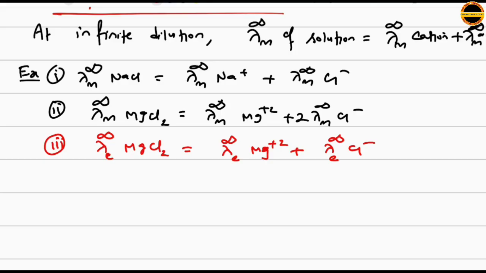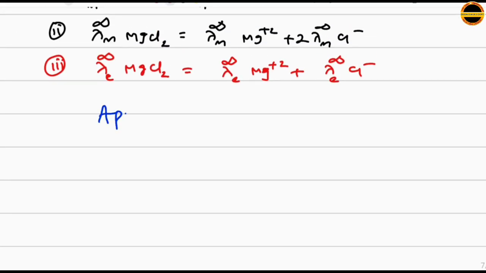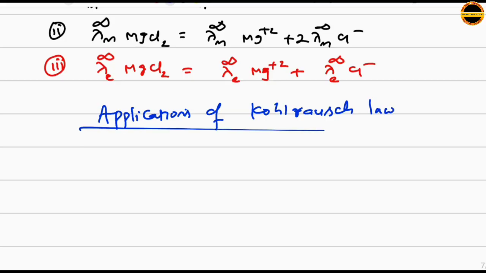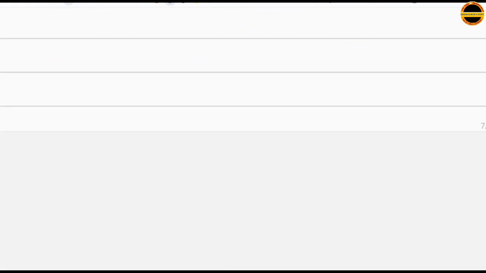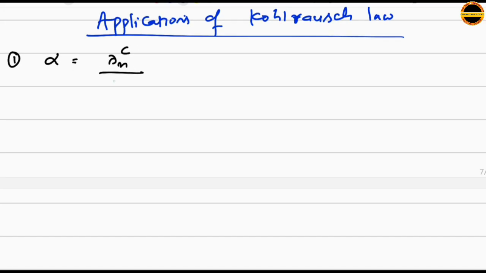Okay. Next, applications of Kohlrausch law. Under applications of Kohlrausch law, the first application is the degree of dissociation, which we already wrote above: the ratio of molar conductivity at concentration C by molar conductivity at infinite dilution.